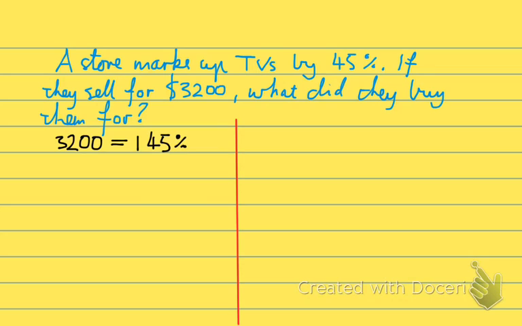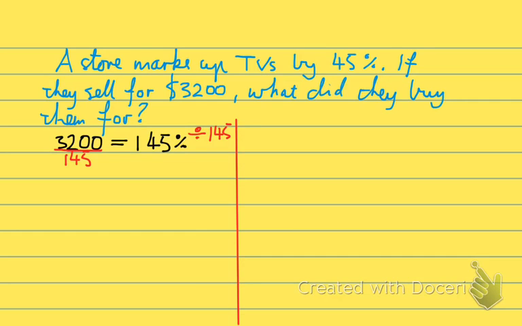So to find out what 100% of the price is, or the original price is, we're going to, you may have guessed it, divide this by 145, to get our 1%, and also we'll put a line under there, same as division.